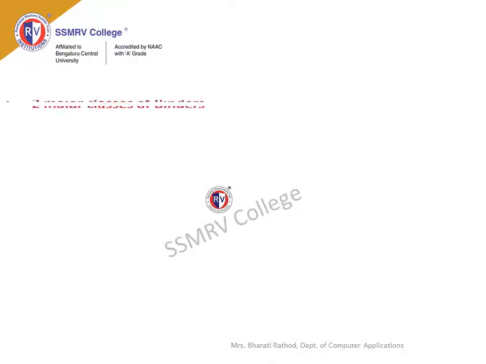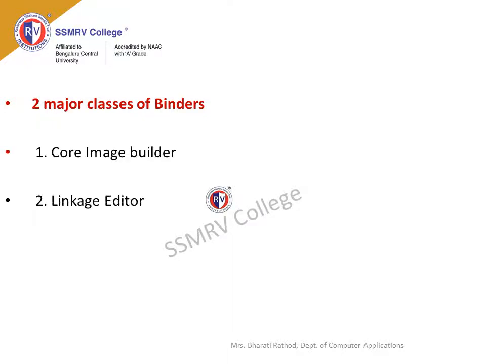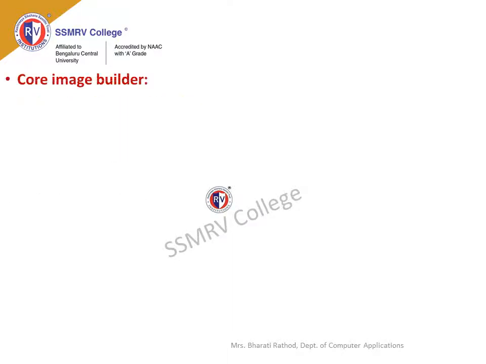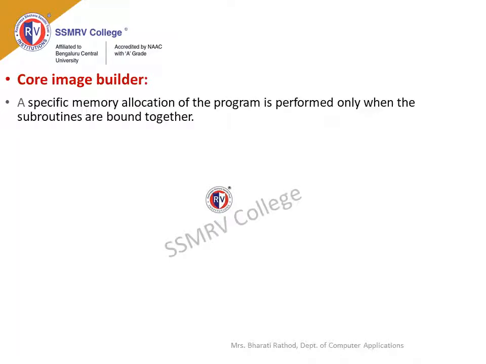Two major classes of binders: core image builder and linkage editor. The core image builder is the simplest type, similar to a single absolute loader. A specific memory allocation of the program is performed at the time that the subroutines are bound together.